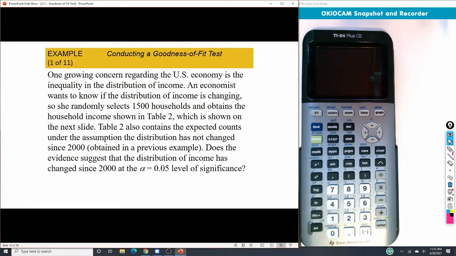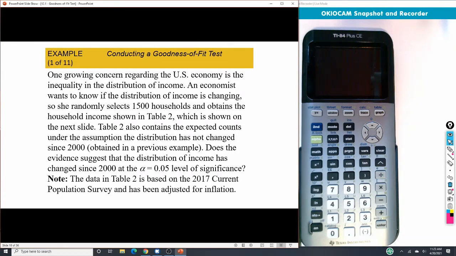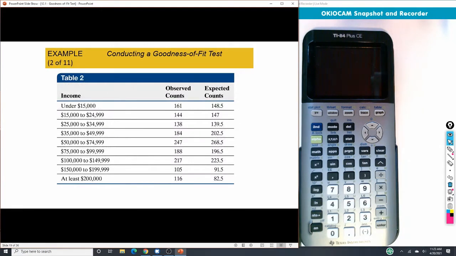Let's go back to our 1,500 households. This time they actually looked at some data, and observed a certain number of homes out of the 1,500 and what they actually did compared to what we expected. To find our goodness of fit test statistic value and our p-value, we need to let the calculator work for us.